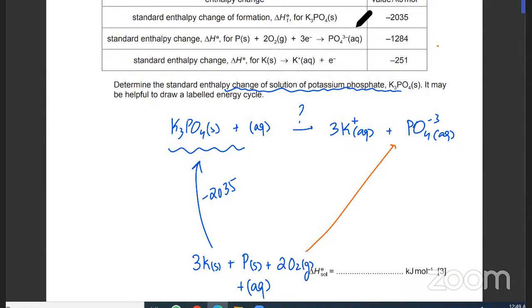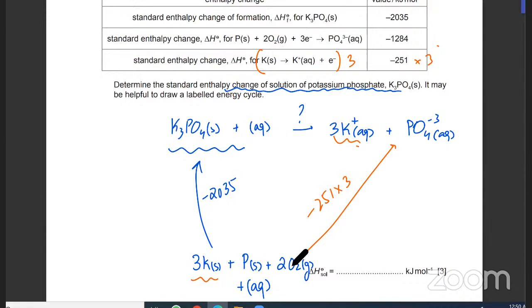If you look carefully, 3 potassiums, I'm going to multiply this by 3. You can see over here that 3 potassiums are turning into 3 potassium ions. So that's minus 251 times 3. And they're losing 3 electrons, right? And who's gaining those 3 electrons? The phosphorus with 2 oxygens.